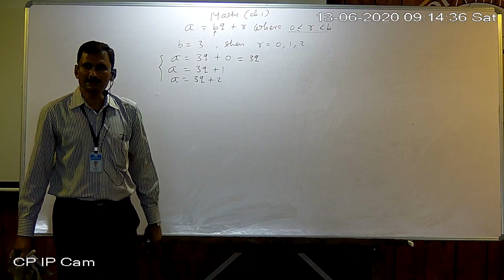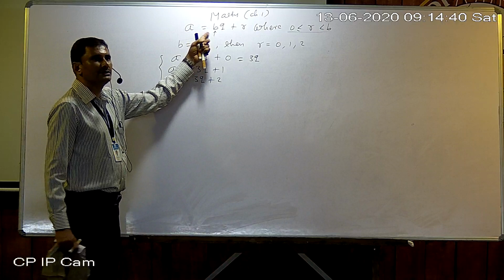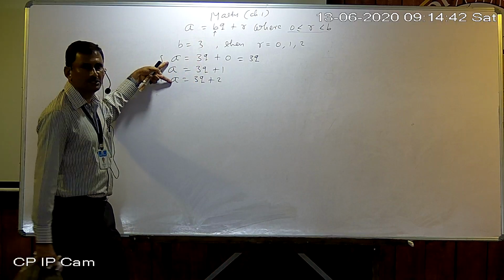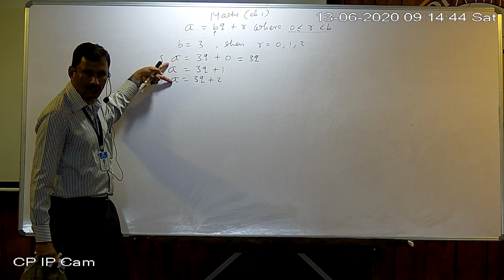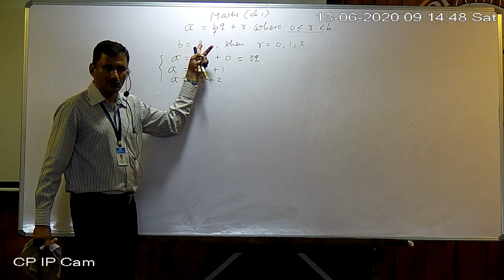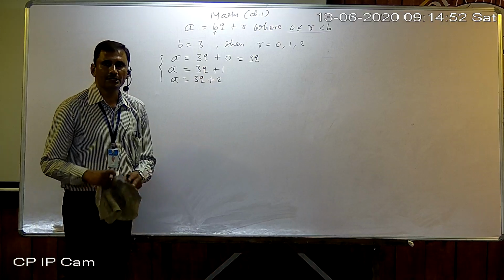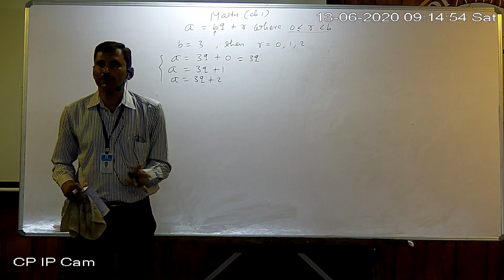Instead of that, suppose I decided B equals 4. Then here we might get 4 expressions. Okay, so understand, according to your supposition of B, you can have many expressions of that unknown number. Whatever the unknown number is, we don't know.